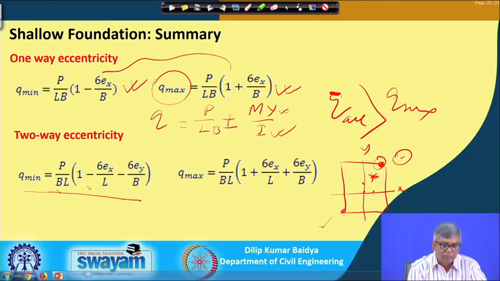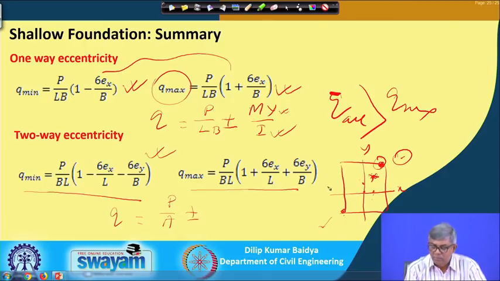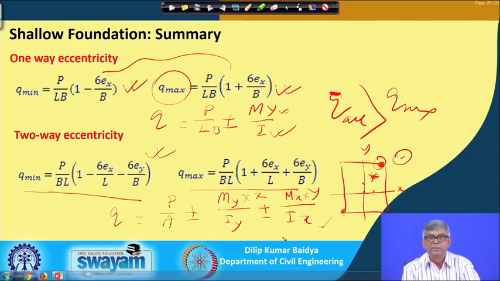This is the equation given: Q minimum is this and Q maximum is this. The generalized equation is Q equal to P over area plus minus M y multiplied by x divided by I y, plus minus M x multiplied by y divided by I x, where M y and M x are the moments.